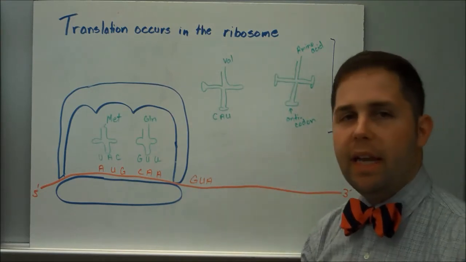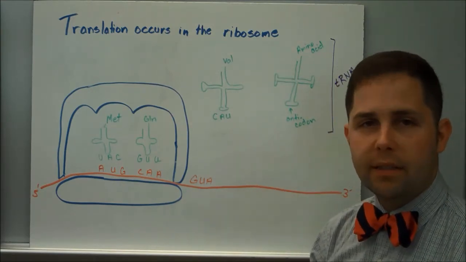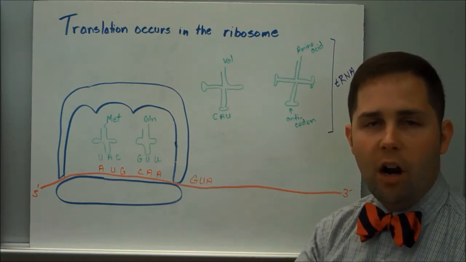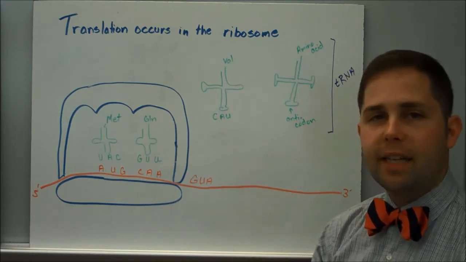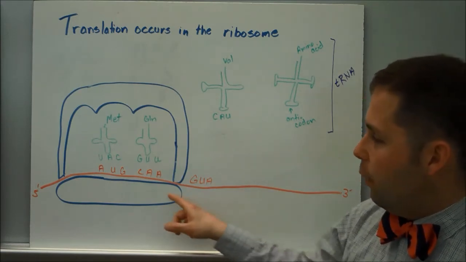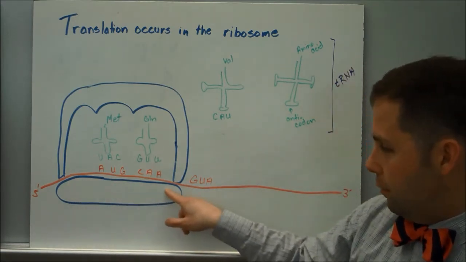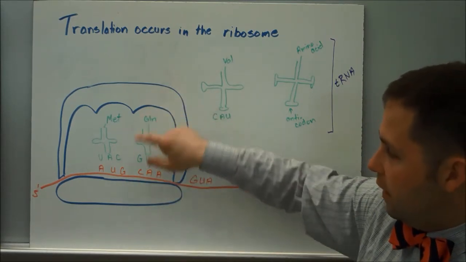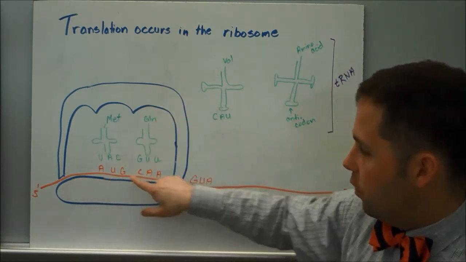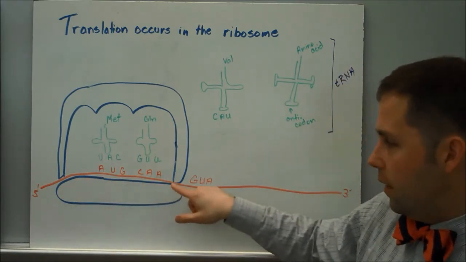The mRNA, though it's transcribed in the nucleus from DNA to RNA, is going to leave the nucleus and go out into the cytoplasm, where it will bind with a ribosome. The ribosome has a small unit and a large unit, and the mRNA is first going to bind to the small unit.